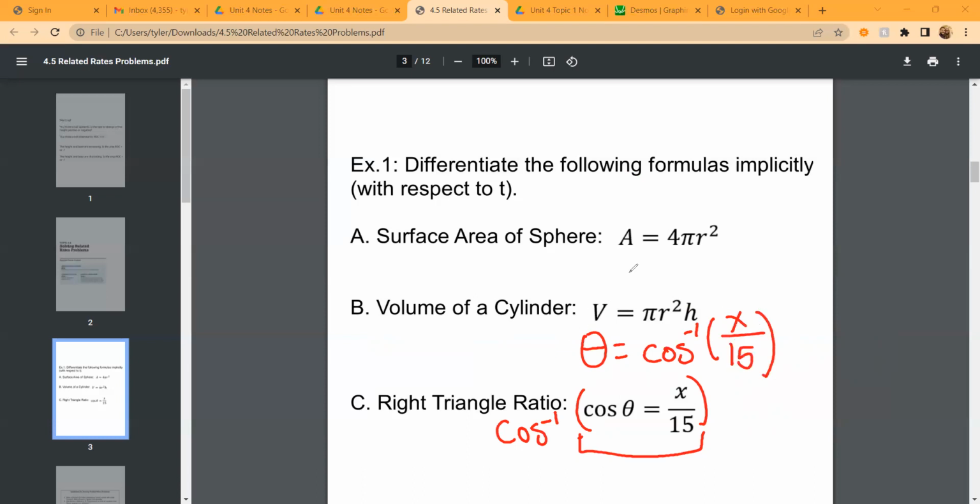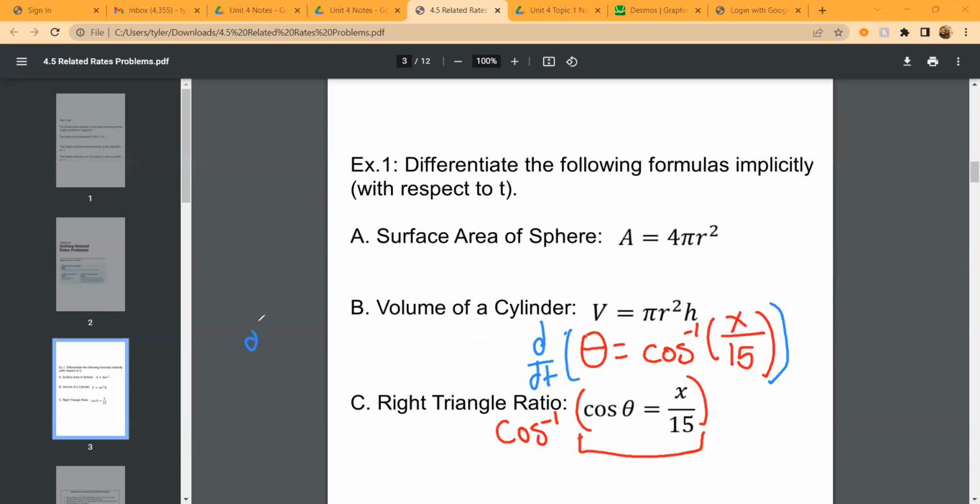Now, again, not great, right? Because now when we're doing d theta dt, we're going to have to deal with an arc cosine, but we have this already isolated. And so if we do this d dt, then this looks like d theta dt.